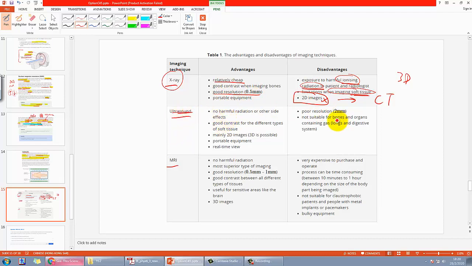For ultrasound, there's no ionizing issue, but the worst thing is that the resolution is the worst, basically. And yeah, there's no harm in radiation. You could do 3D, but usually 2D is real time. Oh yeah, one thing that you can't do is if your organ contains air, for example your lungs.